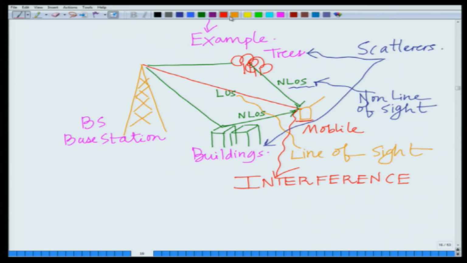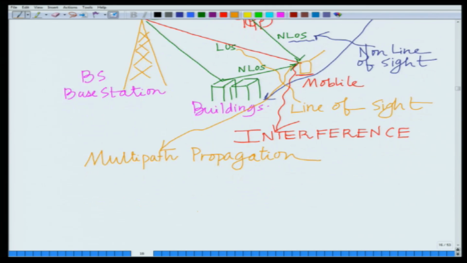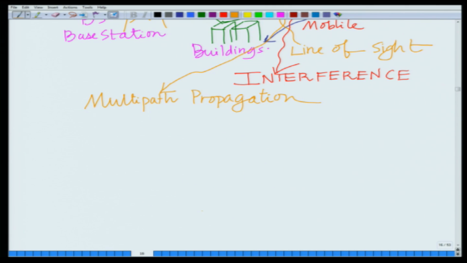So, in the wireless channel we have the following sequence: we have multipath propagation. What does this lead to?